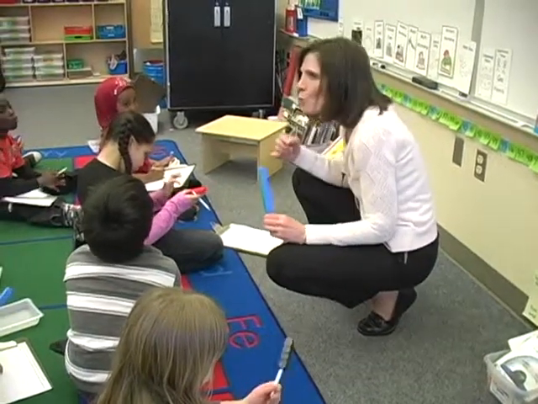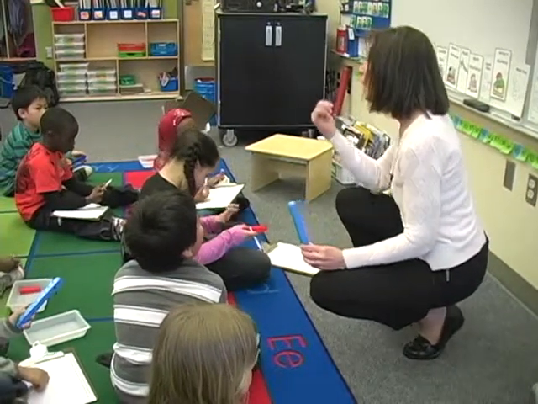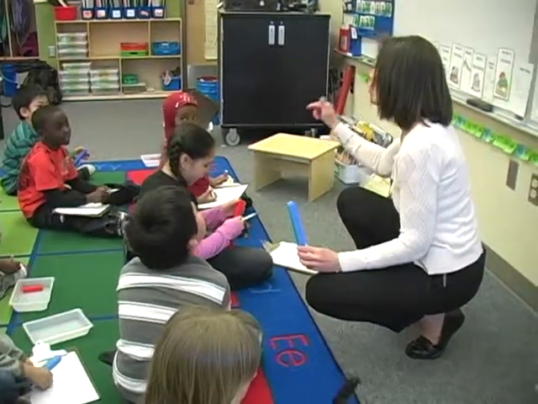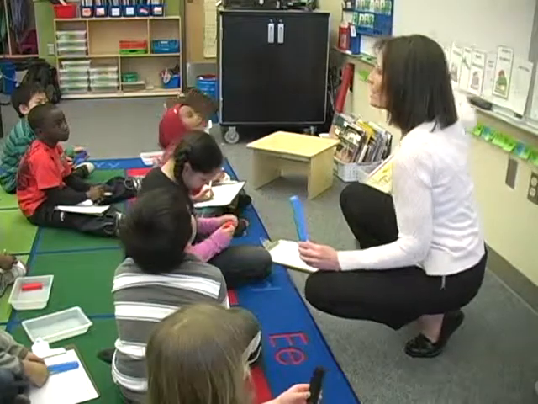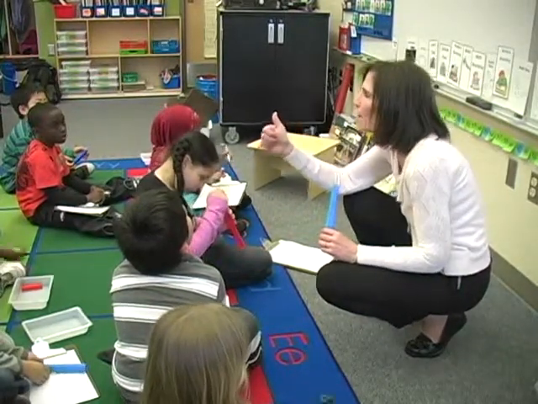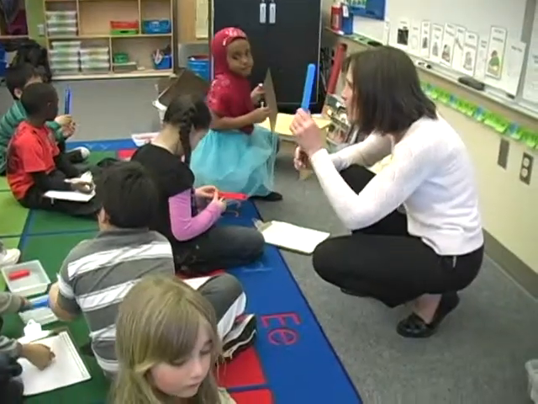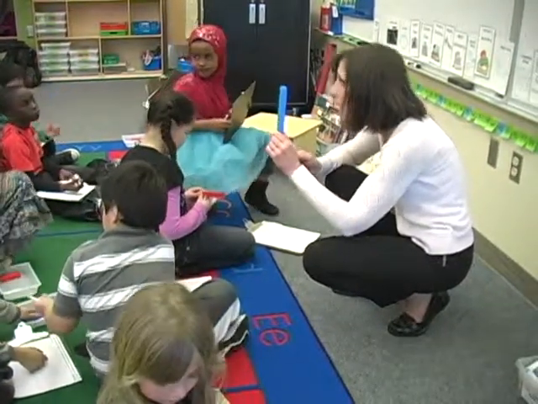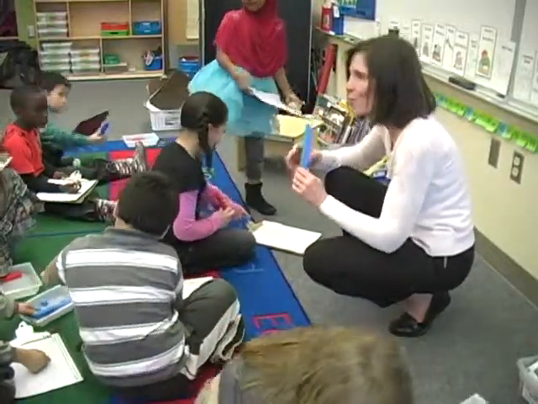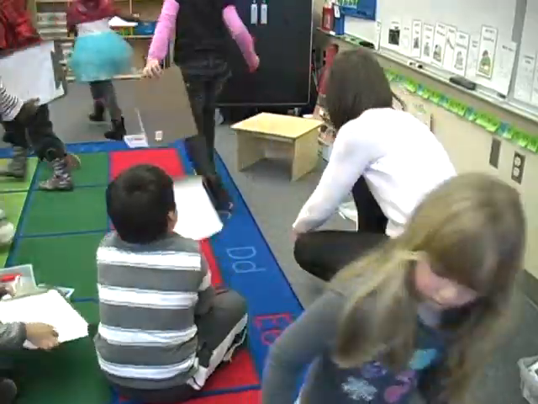So each time you discover how many are outside and how many are inside, you write that number sentence in a box. Thumbs up if you can take the challenge. So just take your 10 cubes, your clipboards, and your pencils and go be busy mathematicians.